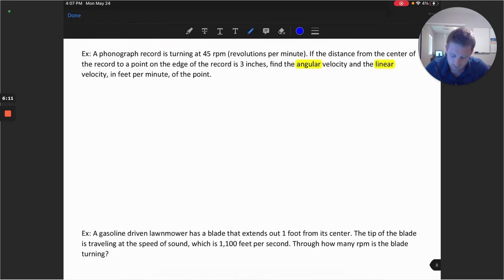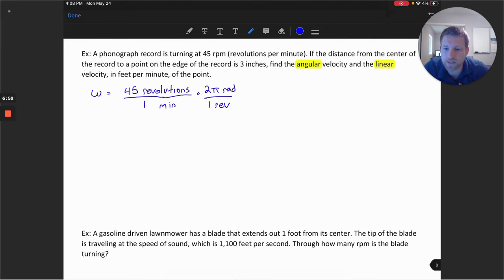We know this is going to be omega. And generally, when we think about angular velocity, we always want to treat it with a radians per time measurement. For this one, we're going to be in minutes, so we'll keep minutes. So we can start with 45 revolutions per 1 minute, multiplied by 2 pi radians over 1 revolution.